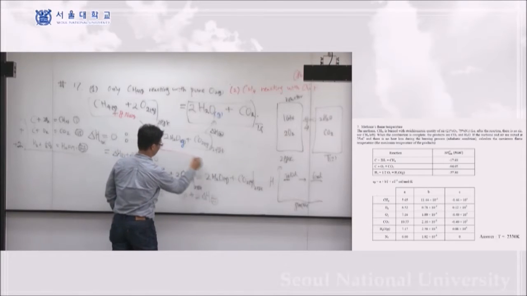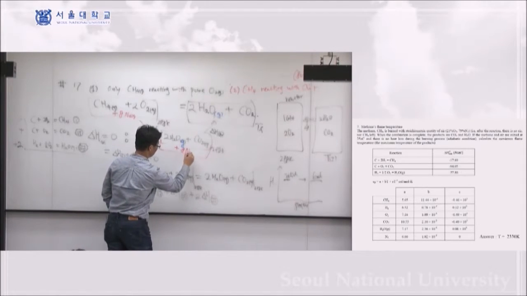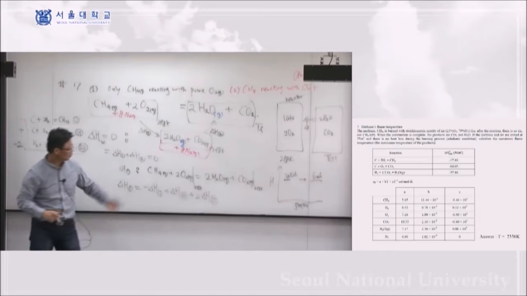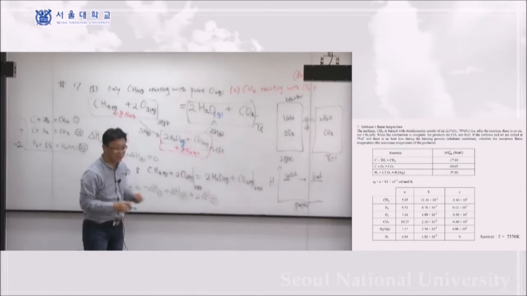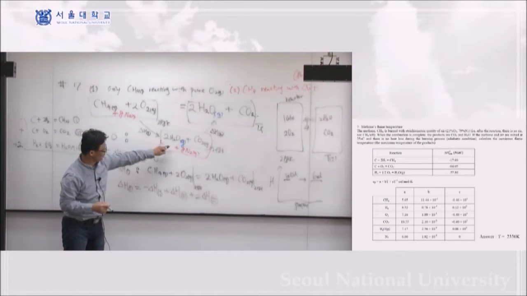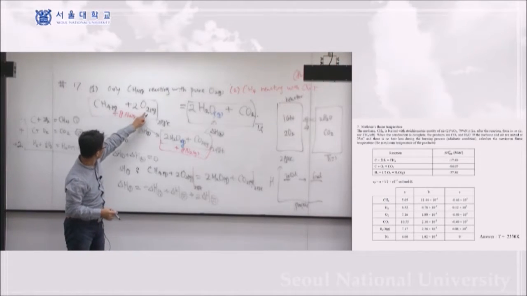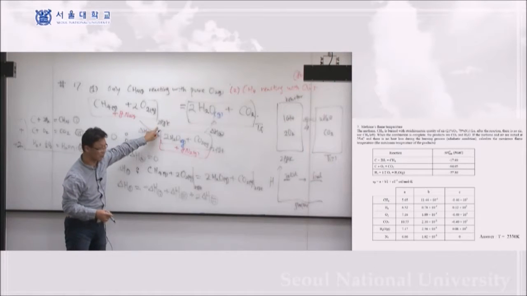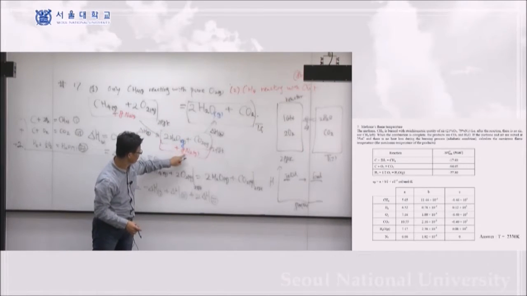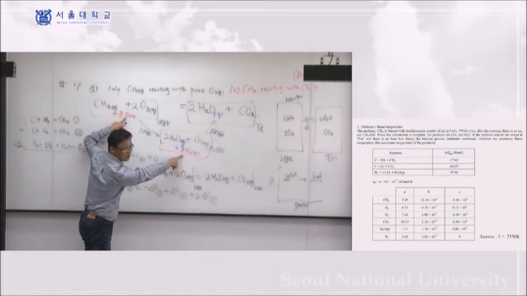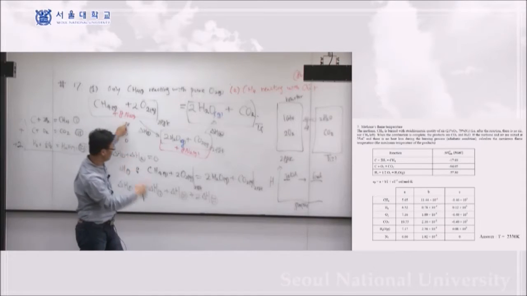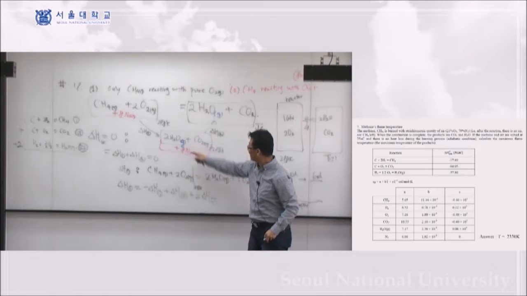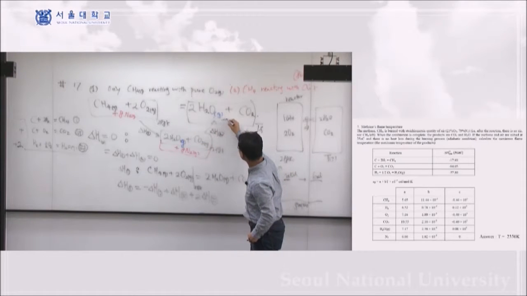So here I have 298 Kelvin. I have CH4 and O2 at 298 Kelvin, and the product is also at 298 Kelvin. This one cancels out there. The same temperature, same material. It's canceling out.